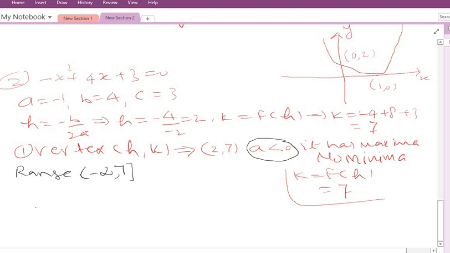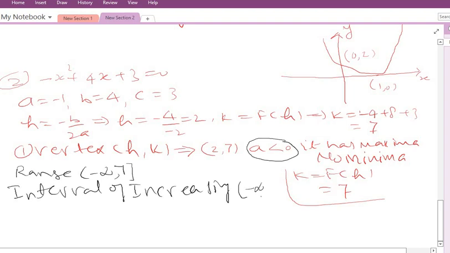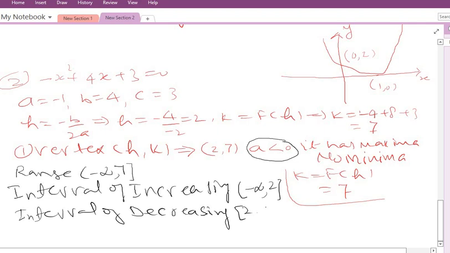Interval of increasing is minus infinity to h, h means 2, and interval of decreasing is h to infinity, that means 2 comma plus infinity.